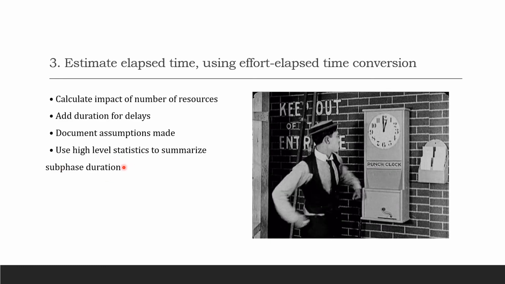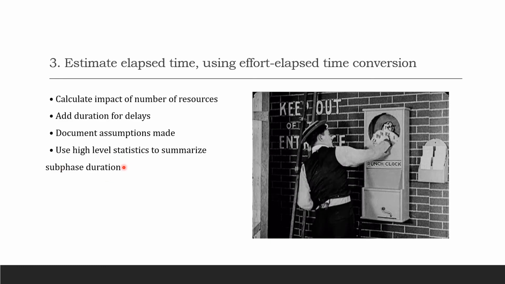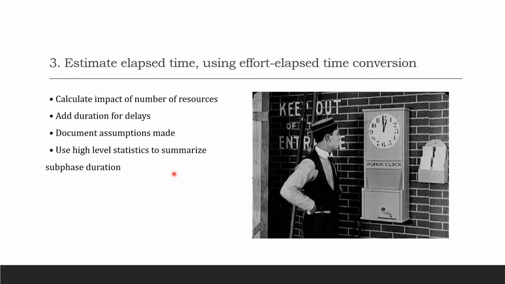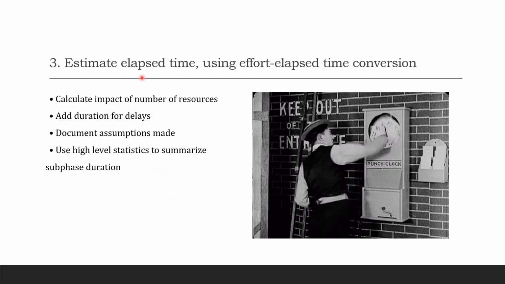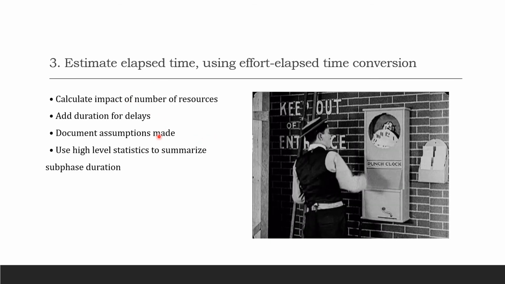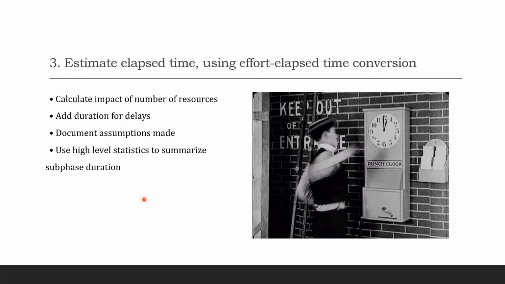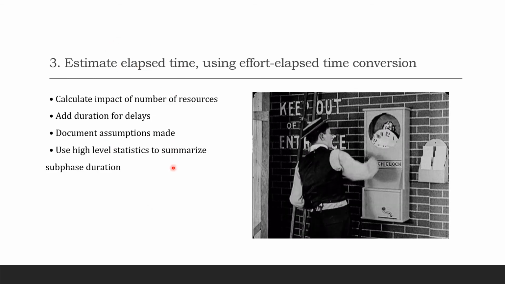This is just breaking down the time from the schedule of your maintenance project. Like we use data, we use impact, we use delay, and then we use assumption, right? That's what we do to estimate the elapsed time.